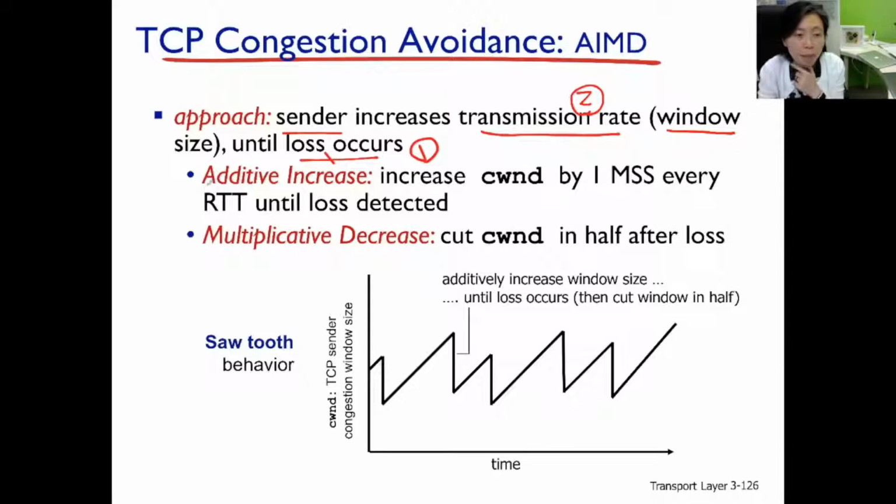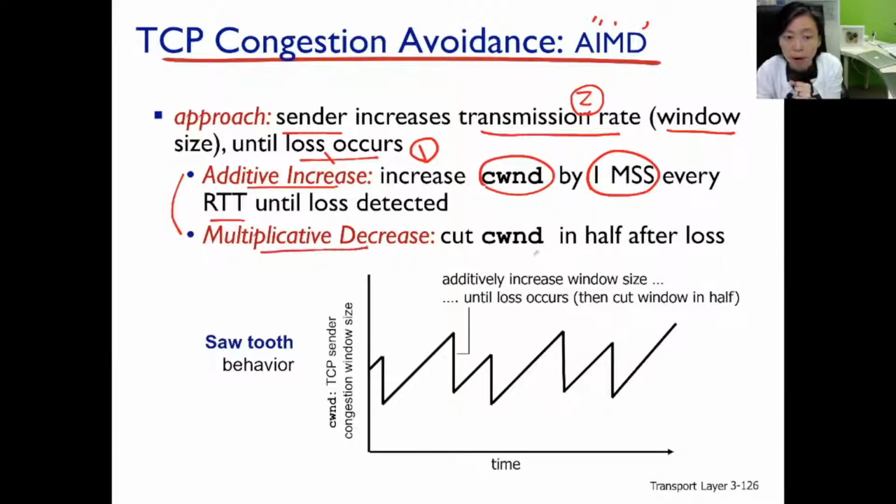All right, the exact process of doing the trying and failing is called the additive increase multiplicative decrease, or AIMD to be short. So AI describes the increasing process of the sending rate. This is done by setting the window size such that it increases one packet per round trip time.